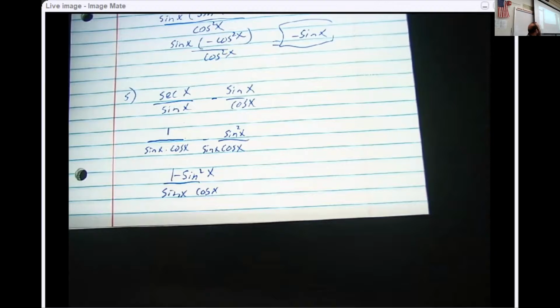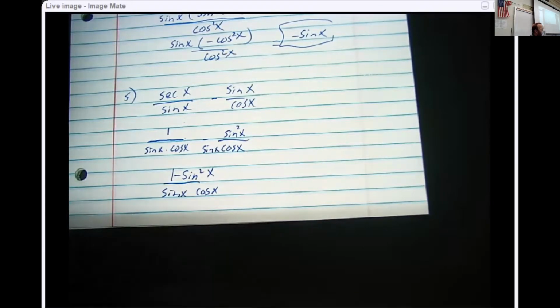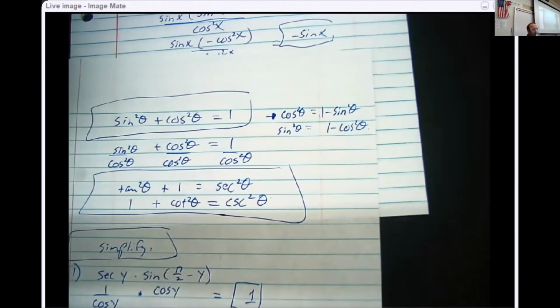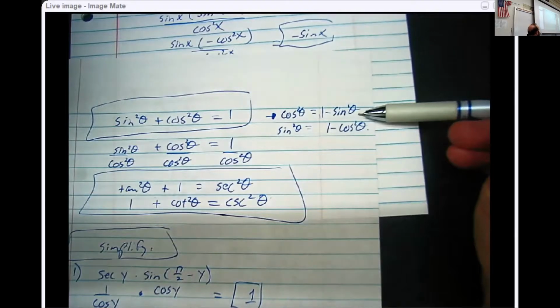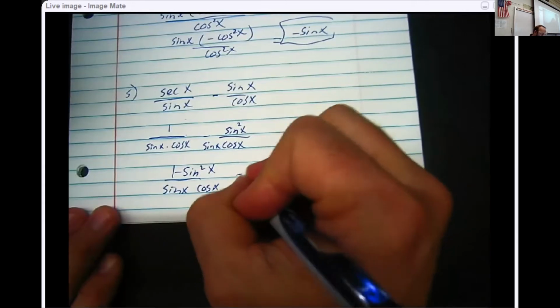That should look familiar, because we talked about that not too long ago. Does this look familiar? What is 1 minus sine squared, everybody? Doesn't it say 1 minus sine squared is cosine squared?